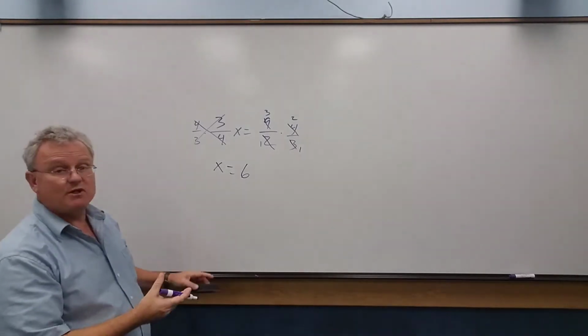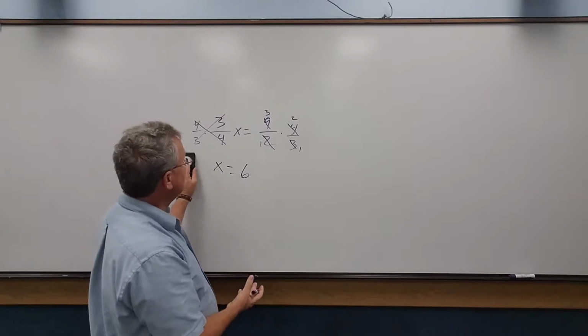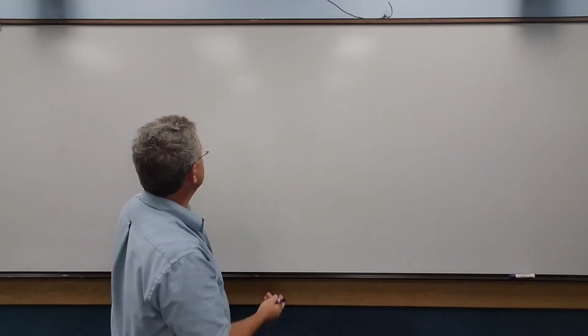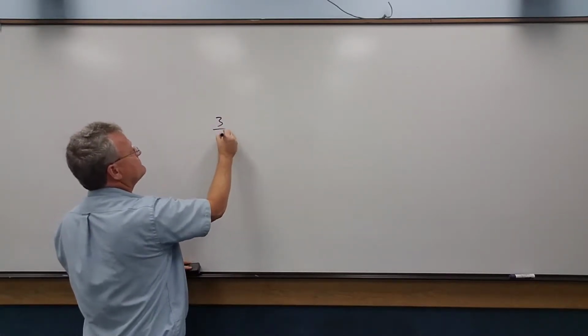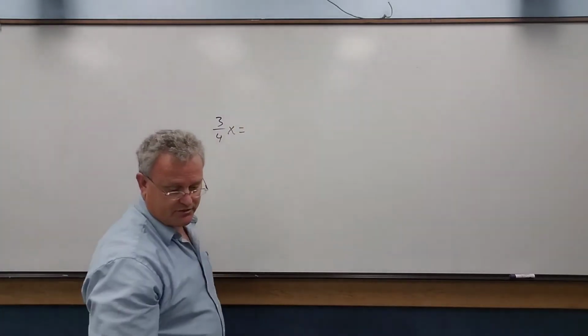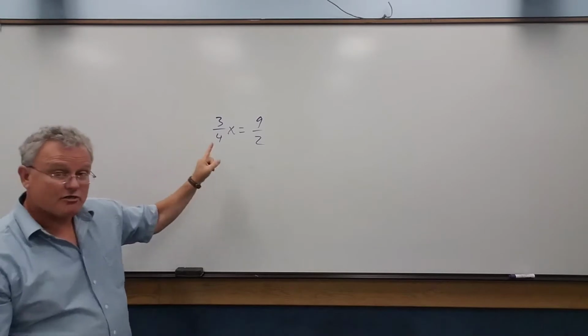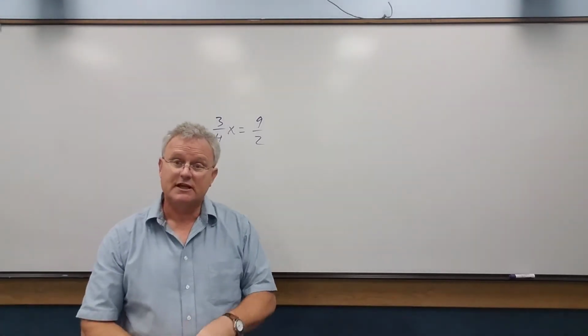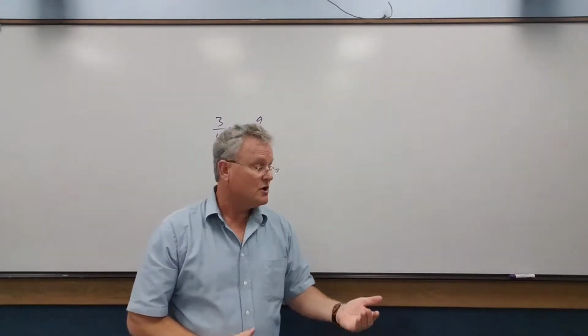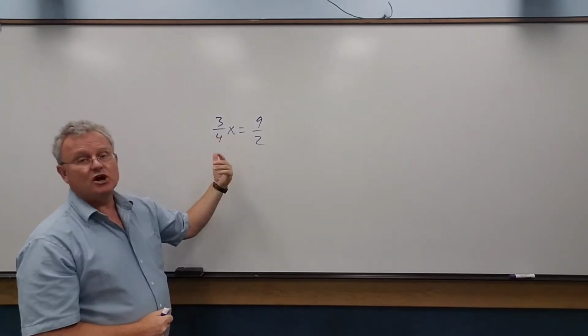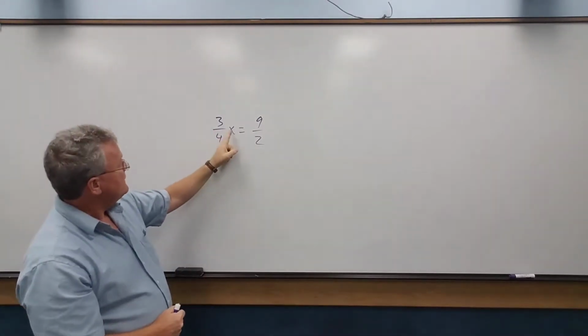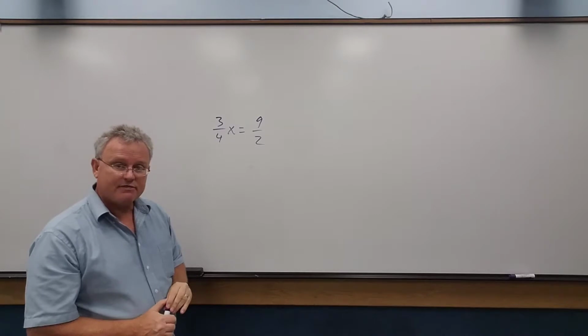Now, let me just explain why the rule is multiply by the reciprocal. So we had 3/4 x equals 9/2. Another way we could look at this is, like I explained in the prior video, to solve an equation you always do the opposite. x is multiplied by 3/4.